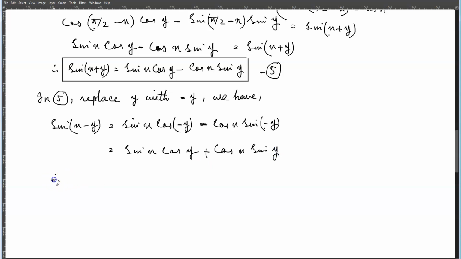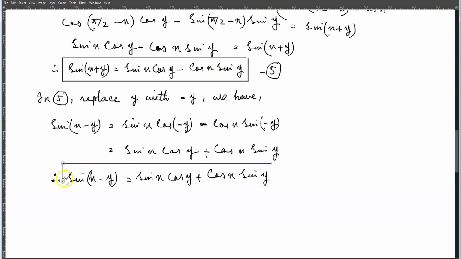Which means that sine of x minus y is equal to sine x cos y plus cos x sine y. That is number 6, right? That is number 6.